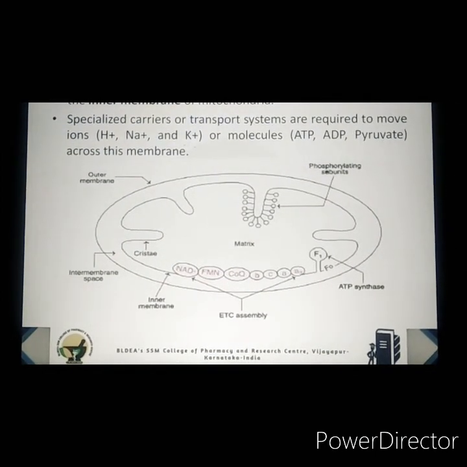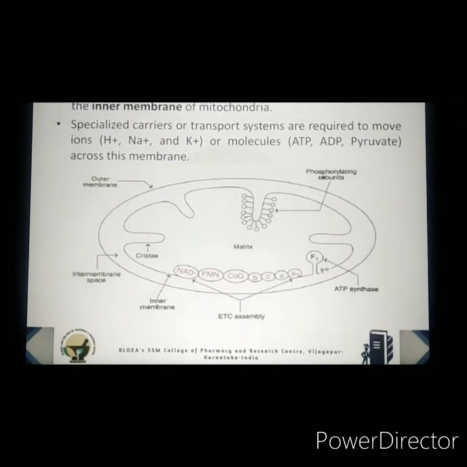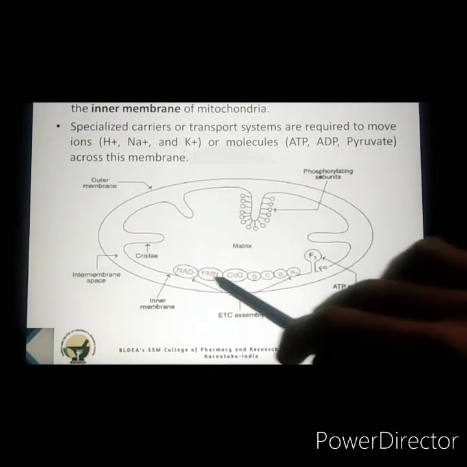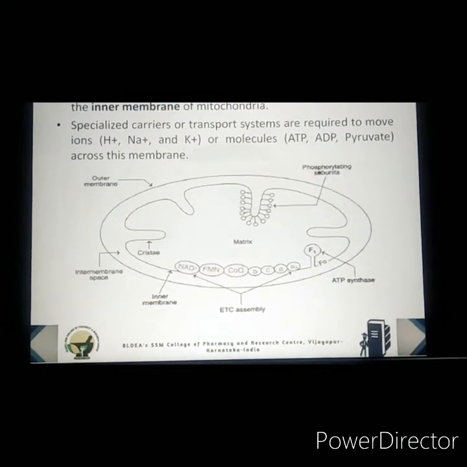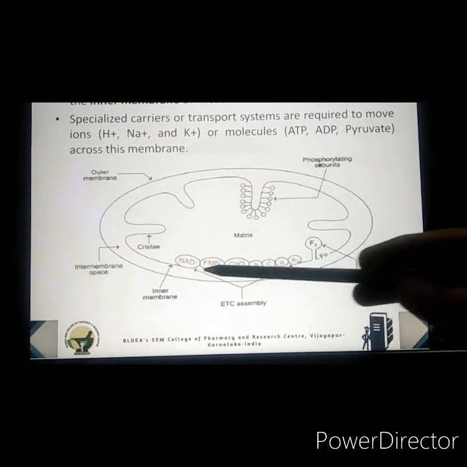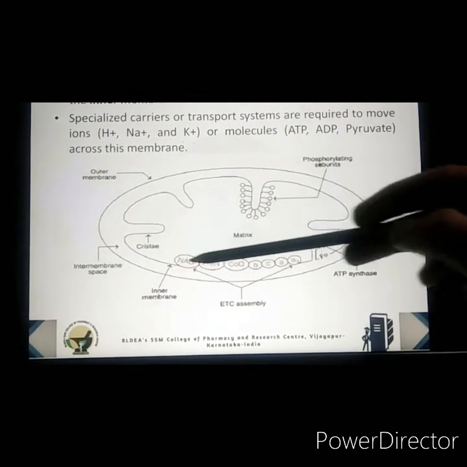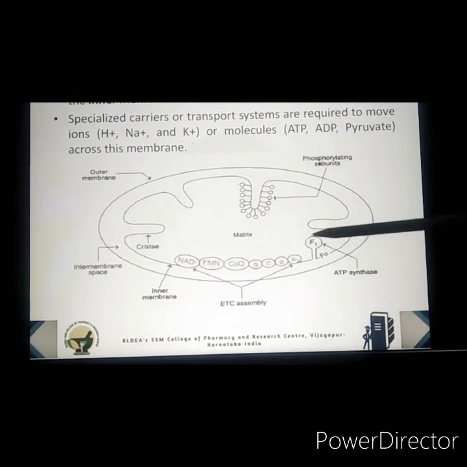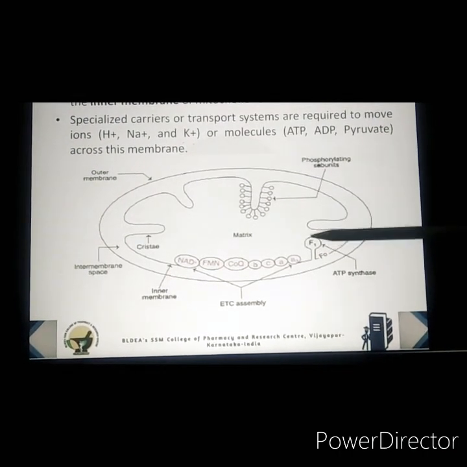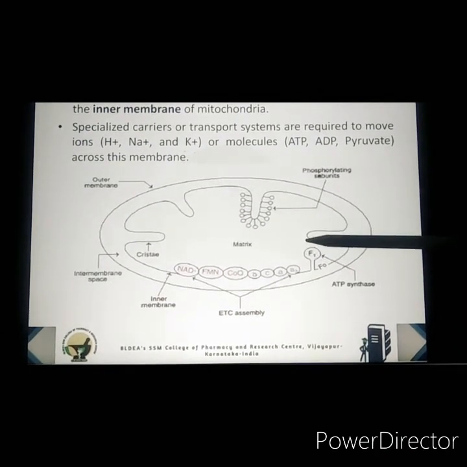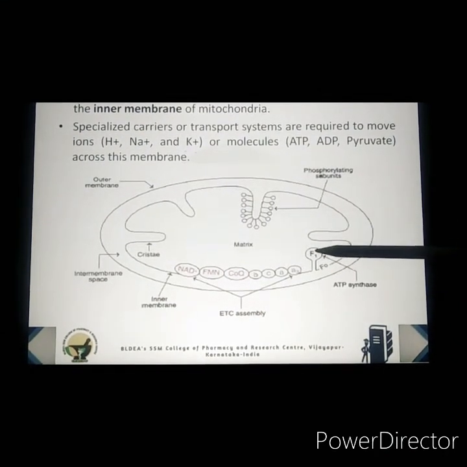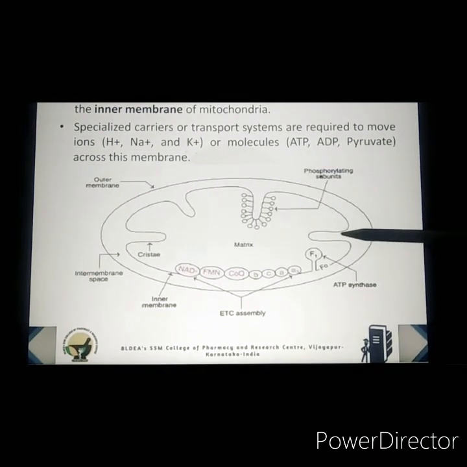So the electron transport chain takes place in the inner membrane. You can see these all highlighted with the red mark are the components of ETC from which energy is produced, and finally this F1 and F0 is nothing but ATP synthase. This is also one of the components of ETC where the final oxidative phosphorylation, or you can say ATP synthesis, takes place.